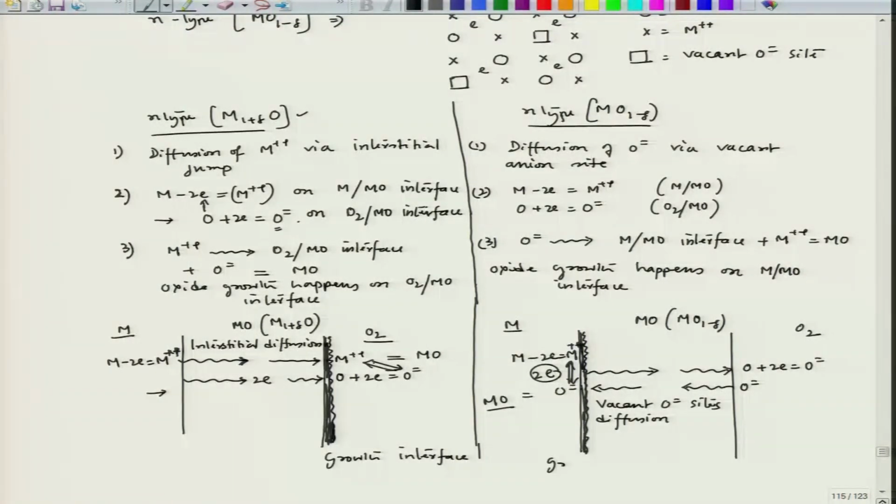So, this is the growth interface. This is the typical difference between the oxidation mechanism in these two situations. Both are n-types, but in one case you have metal cation interstitials, in another case you have oxygen vacant sites. Now, let us see the situation in the case of p-type.